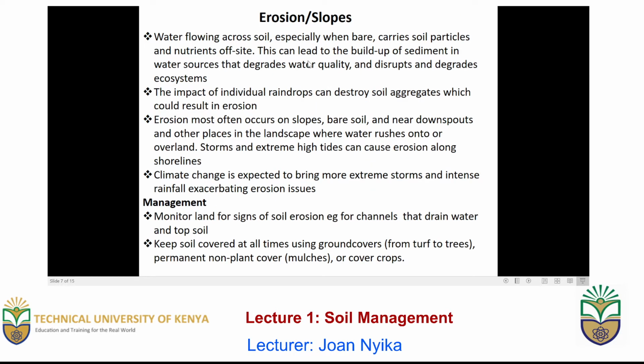The next problem we will look at is erosion. Usually, if the soil is not well covered and it is not well vegetated, it is likely that it can be taken away by either water or wind. In this era of climate change where we expect extreme weather, the events of erosion, either by wind or water, have become so extreme.